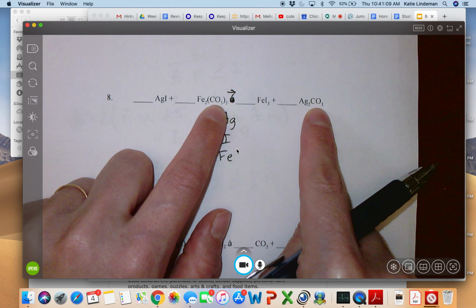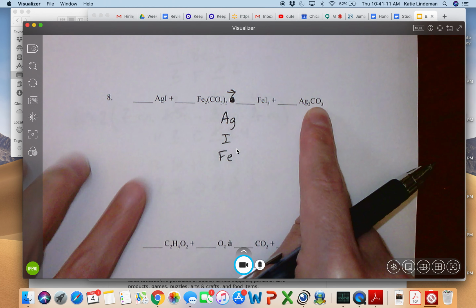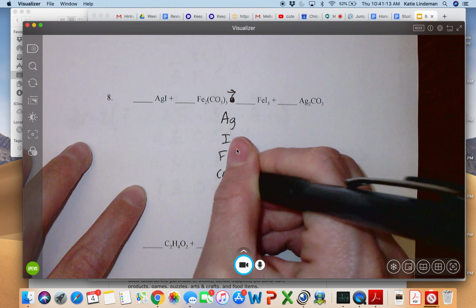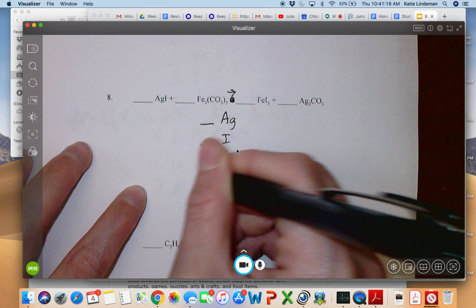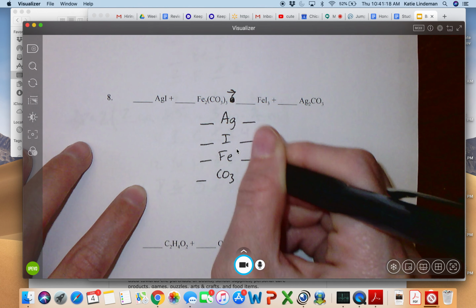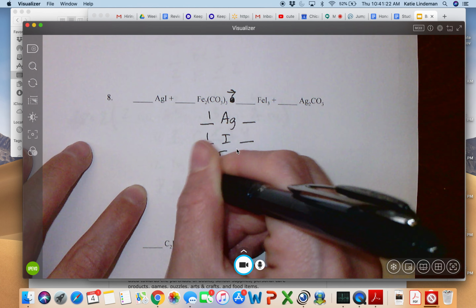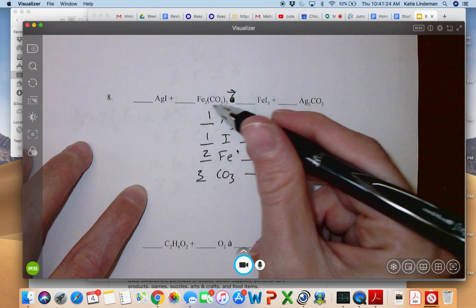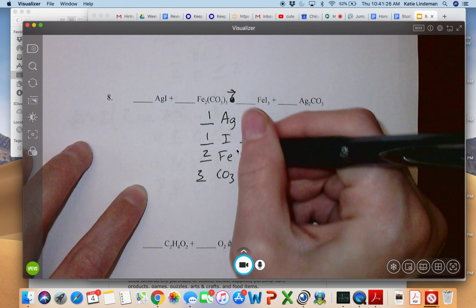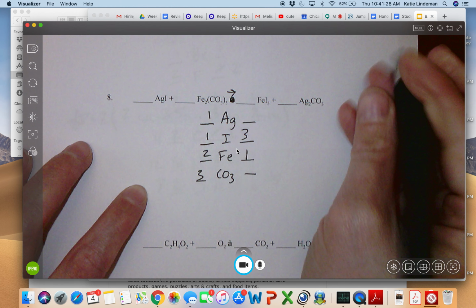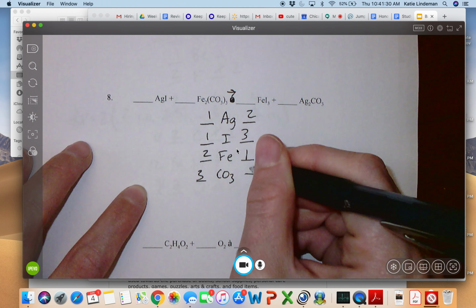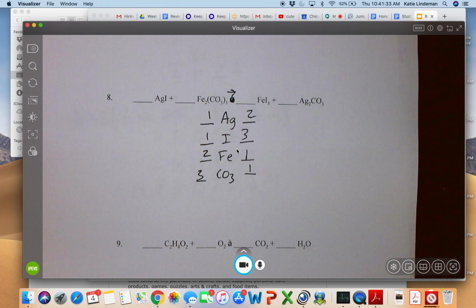Do you see how the CO3 is exactly the same on each side? Okay, so 1, 1, 2, 3, because we have 3 of the CO3s. Okay, and then on this side we have 1, 3, 2, and we only have 1 of the CO3s.